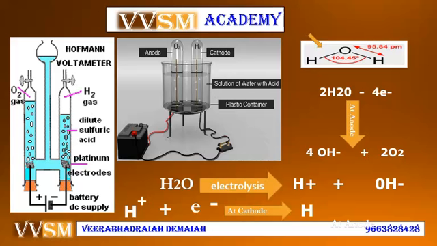This hydrogen molecule, a gas, is collected. Now similarly, water loses electrons, giving 4 OH minus ions and 2 oxygen molecules. Thus, oxygen is collected at the anode and hydrogen is collected at the cathode. This is the principle of water electrolysis.